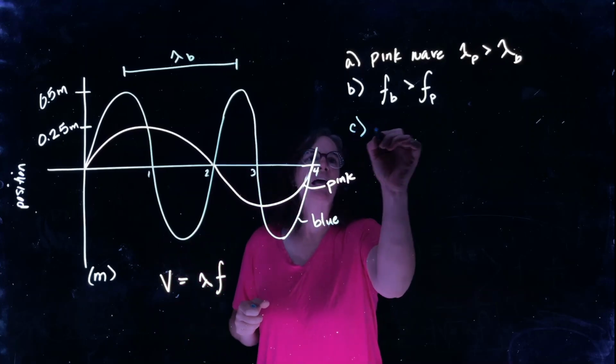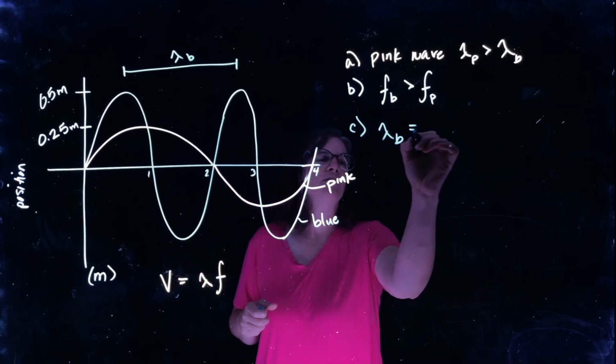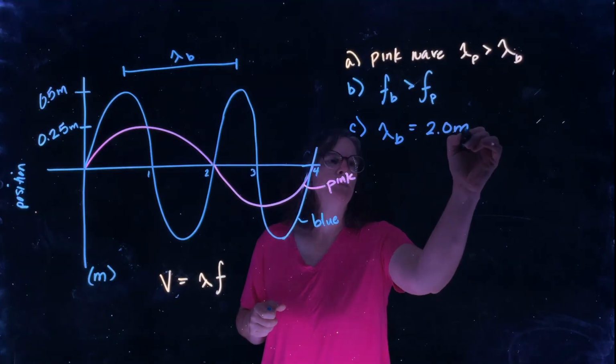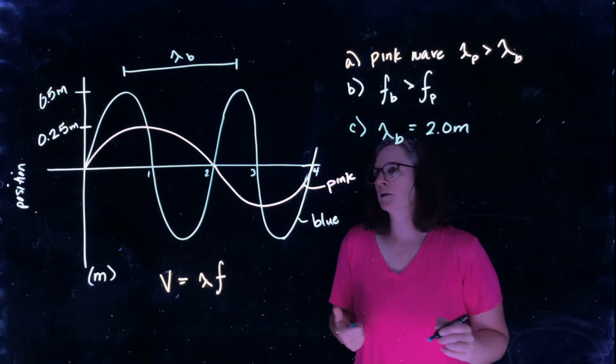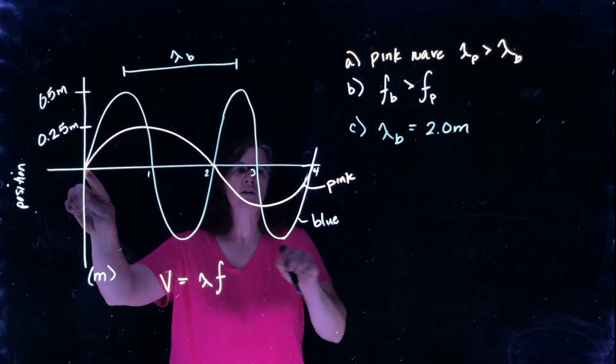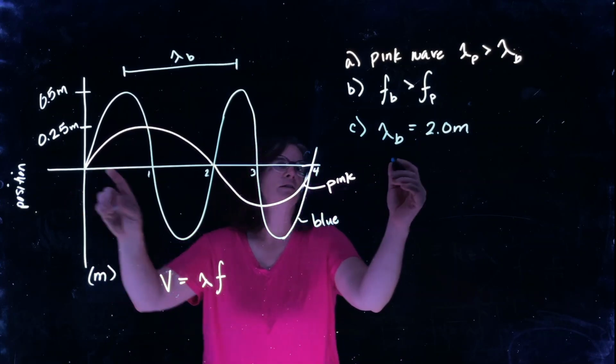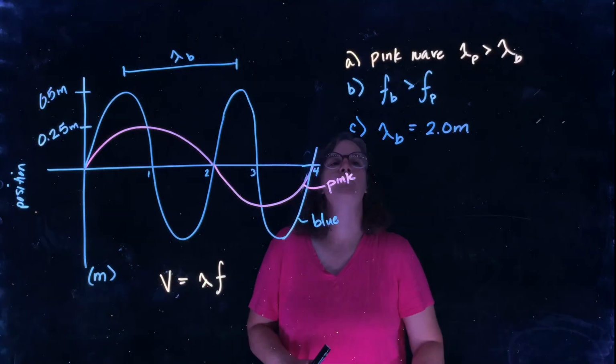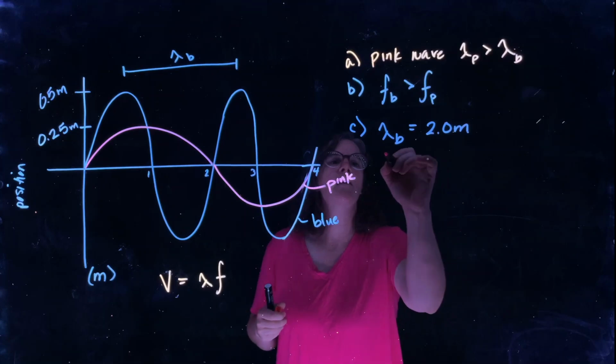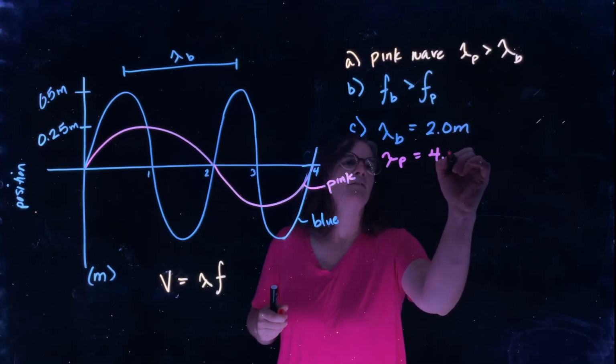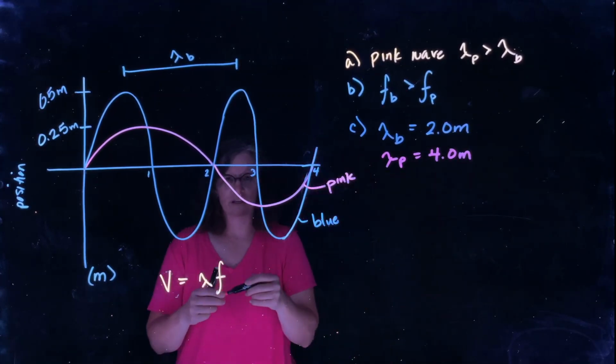So the wavelength of our blue wave is equal to 2 meters. And what about the pink wave? Well, it starts and it goes back to start for 4 meters. So we can read right off the graph the wavelength of these waves.